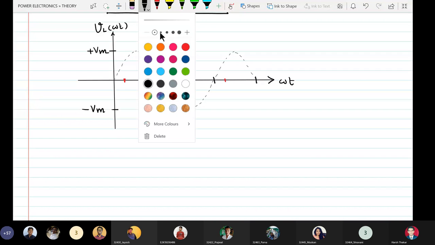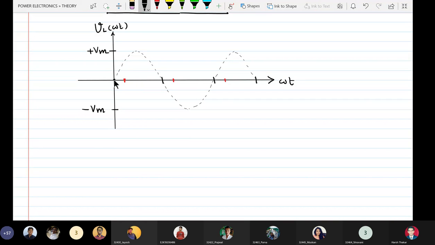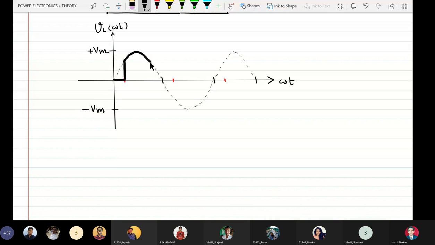Load voltage waveform will go like this. Nothing from pi to pi plus alpha, again go like this.